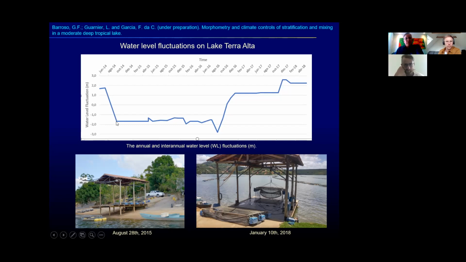So we used the CTD data to check how severe the water level fluctuations were in the lake. We ended up with a value of about 2 meters on average for this period of August 14 to October 16 in terms of reduced depth of Lake Terra Alta. And then the depth increased a little bit.